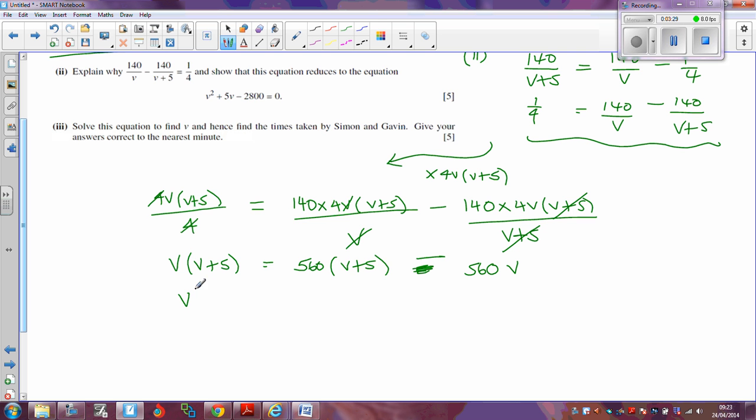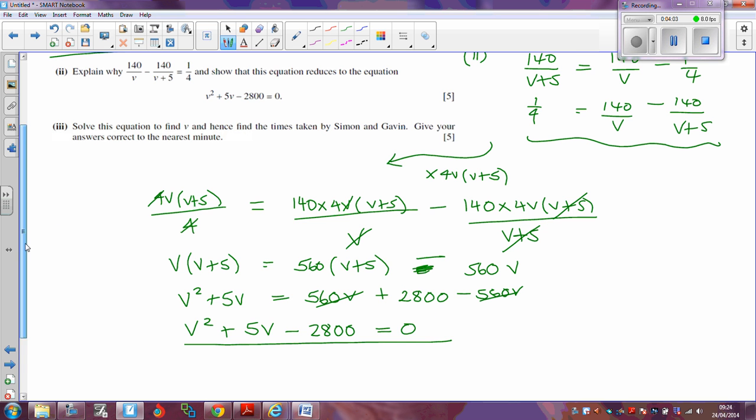So removing the brackets, I've got v squared plus 5v is equal to 560v plus, well 560 times 5 is 2,800, minus 560v. Now those cancel each other out, and moving things around, v squared plus 5v, subtracting 2,800 from both sides, is equal to 0.